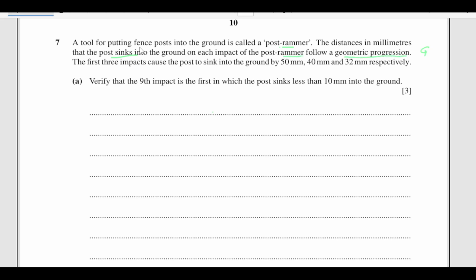The first 3 impacts are given, so these are basically the first, second and third terms of the geometric progression. We have to verify the 9th impact is the first in which the post sinks less than 10 millimeters into the ground. So we need to find out the 9th term.